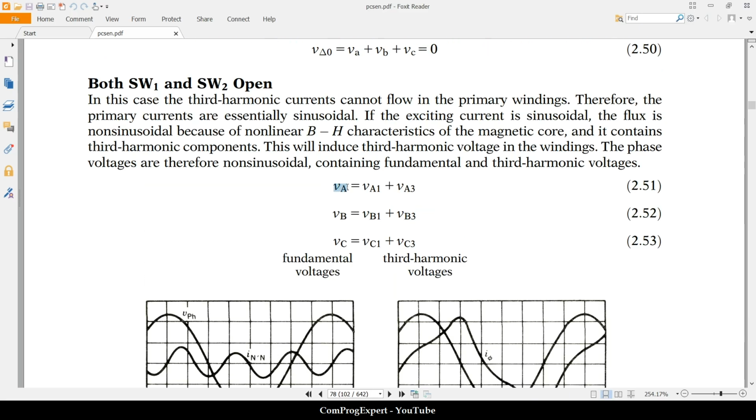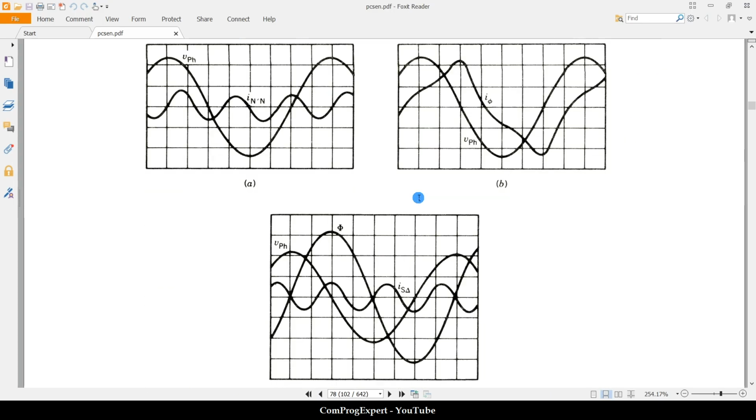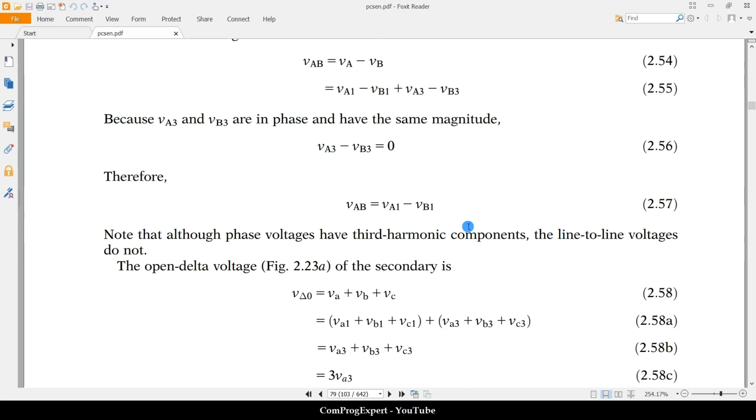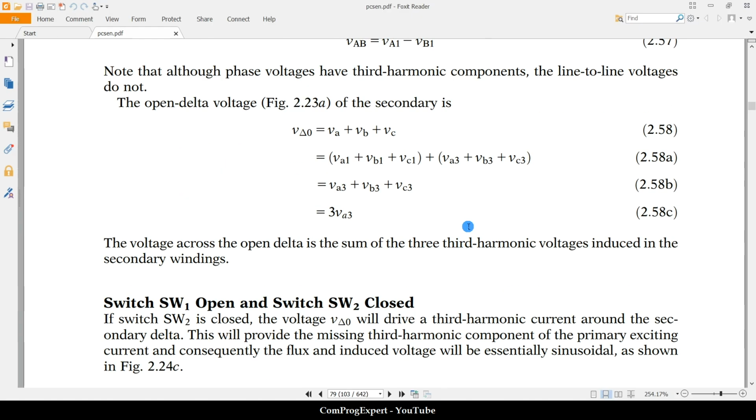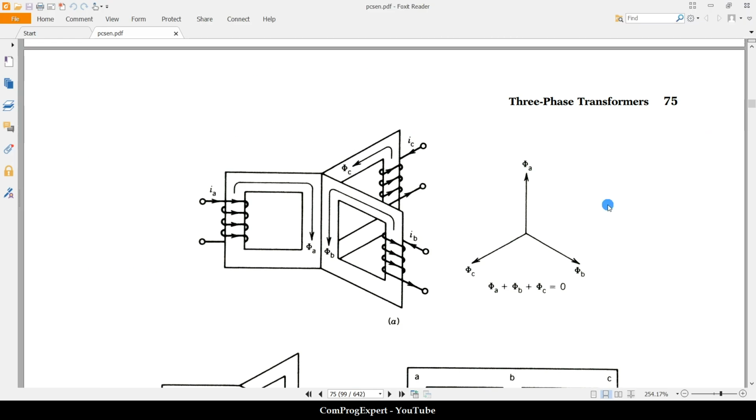Okay, so here VA, the voltage of the secondary coil of transformer A, is VA1 fundamental plus the third harmonic. And here, if you sum up all terms, the value of the voltage V delta 0 is 3 times the value of the third harmonic voltage, because the third harmonics are in the same phase.